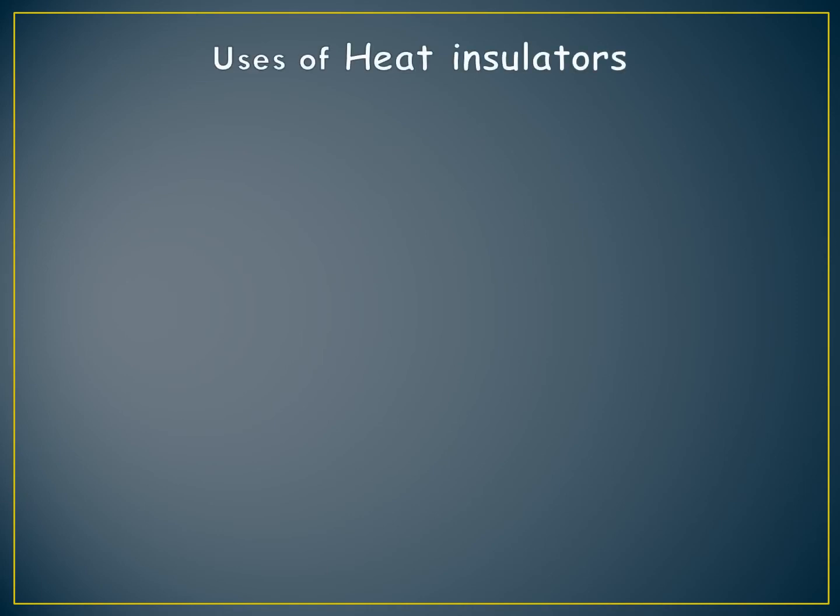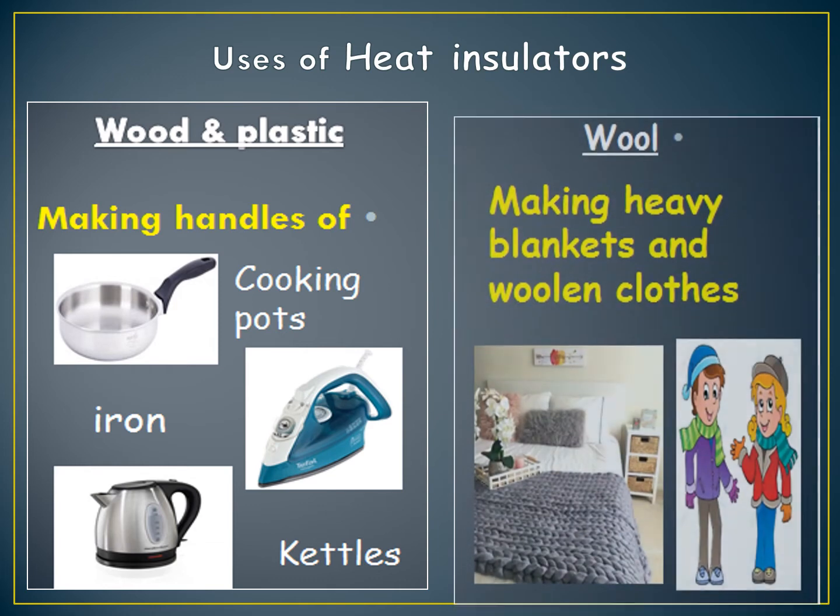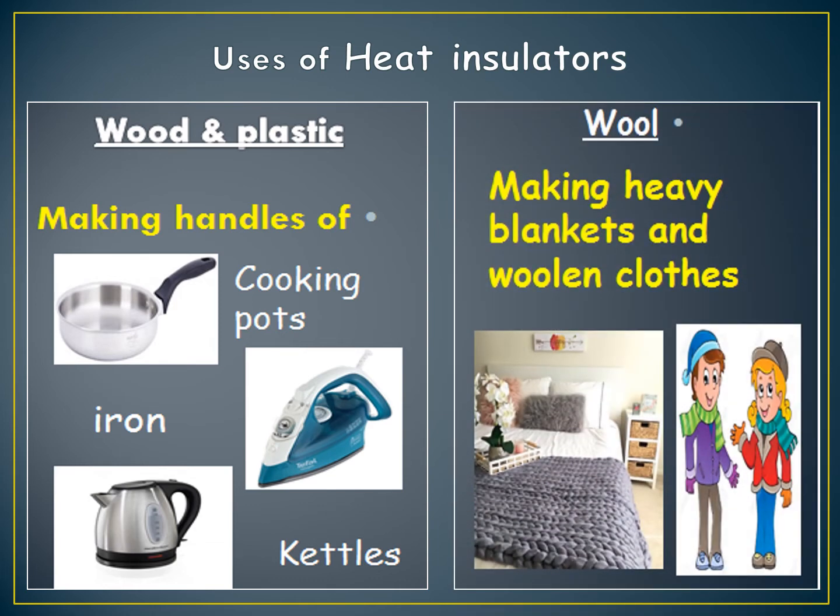The uses of heat insulators: number 1, wood and plastic, we can use them in making handles of cooking pots, iron, kettles. Number 2, wool. We can use it in making heavy blankets and woolen clothes.